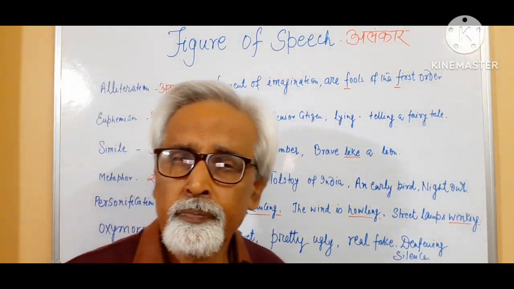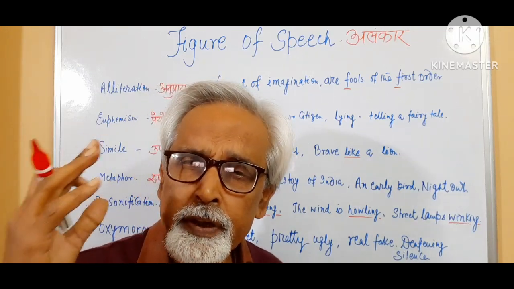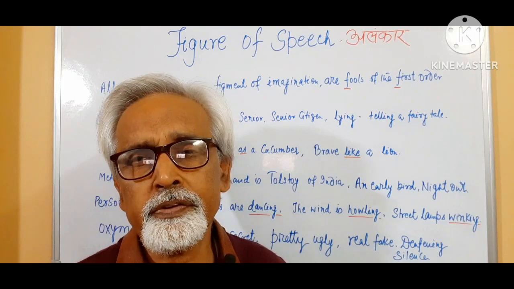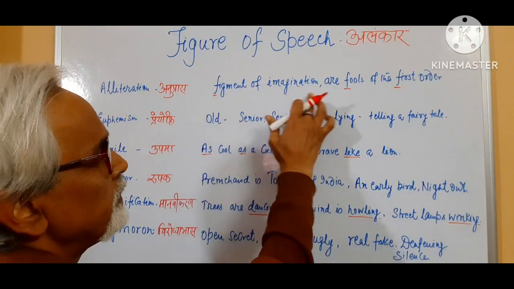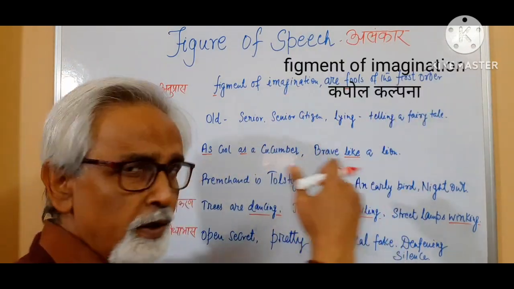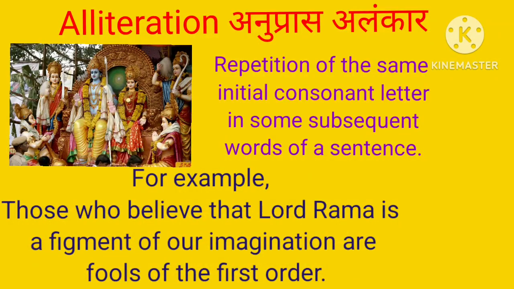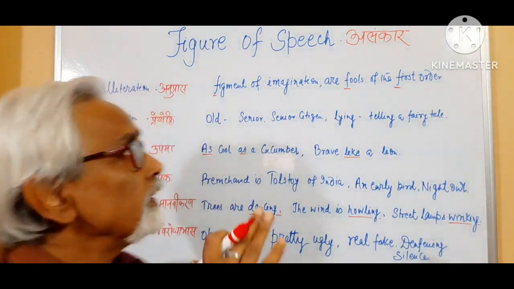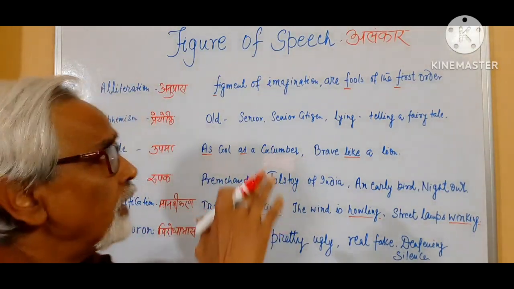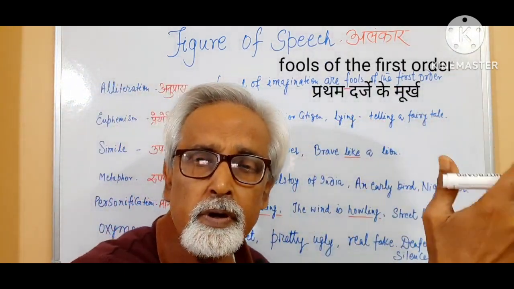Those who believe that Lord Rama is a figment of our imagination are the fools of the first order. Clear? So you see, here the letter F has been used repeatedly in many words.